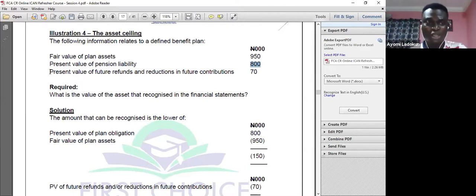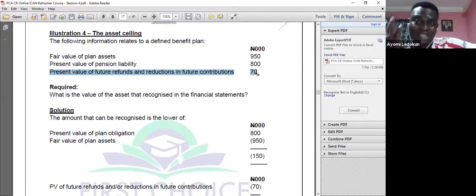Now, in this question, the present value of future refunds and reduction in future contribution is 70. However, I have an asset of 150 that is potent for recognition. So what the standard is saying is, I cannot recognize more than 70. I'm only going to get refunds of 70 or a reduction in my contribution by 70, even though the difference between the fair value of my plan asset and the present value of my liability is 150.